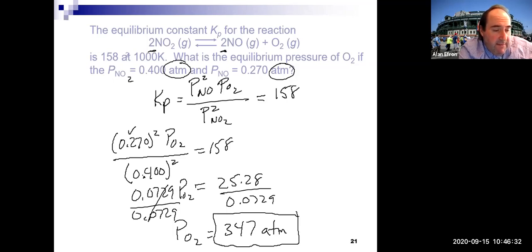Sometimes you'll get some extra numbers in some of these problems that you don't need to actually use for anything. But if we had a second part to this question where maybe it asks you what the Kc value is, then you would use it in that Kp equals Kc RT delta N. But in this particular place, you don't need the temperature. Other questions?